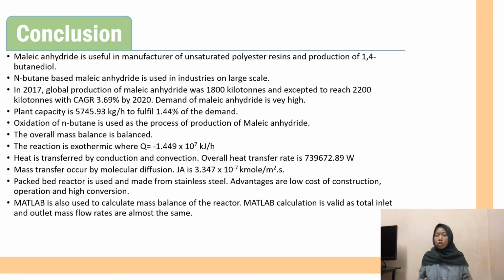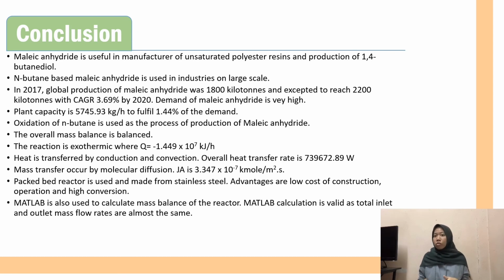There are several ways to produce maleic anhydride, but in this process, we use the oxidation of n-butane instead. The overall mass balance is balanced and the reaction is exothermic because Q is equal to negative 0.1449 times 10 to the power of 7 kJ per hour. Overall heat transfer is 709,672.891 and heat is transferred by both conduction and convection.